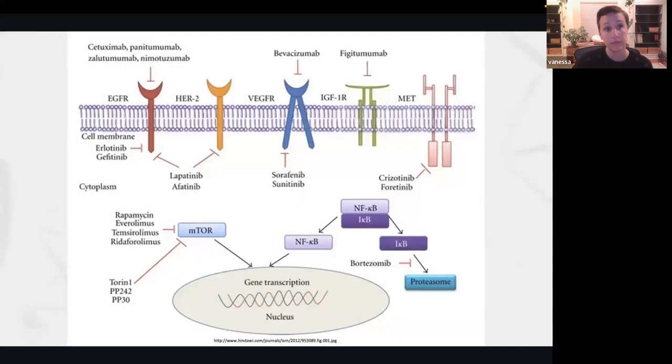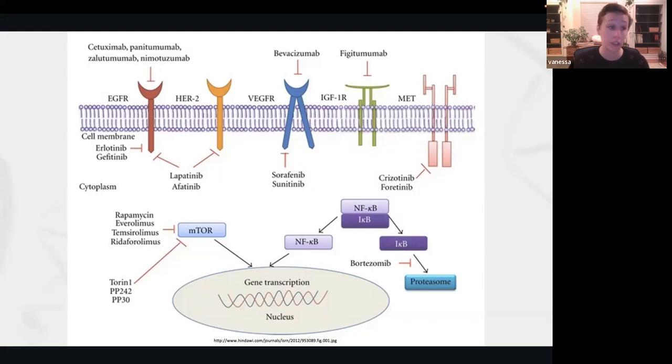So to put it together, I find this illustration super helpful. This is from an osteosarcoma paper. It's a very simplified version of the previous illustrations without all the dominoes, but it tells the same story. There are transmembrane receptors. There are molecules that bind to those receptors and set off a chain reaction that eventually sends a signal to the nucleus, and it tells it to do something: grow, divide, die, whatever.